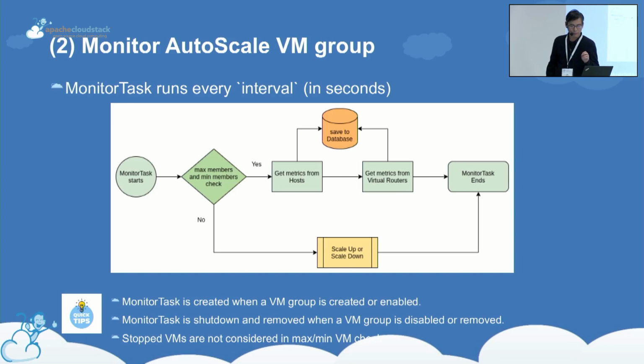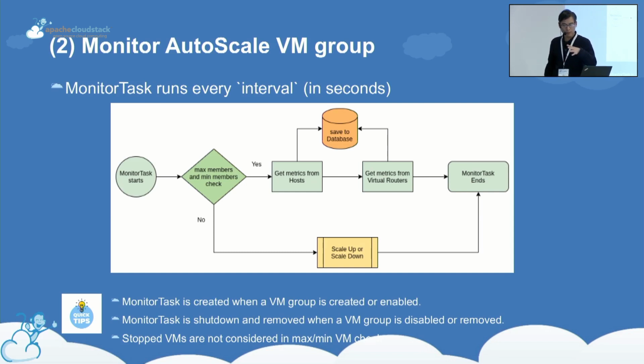When the task starts, it first checks whether the VM group has reached the maximum VMs in the group or the minimum VMs in the group. If the VMs don't reach the minimum number of the VM group, then CloudStack will create new VMs without checking the metrics.